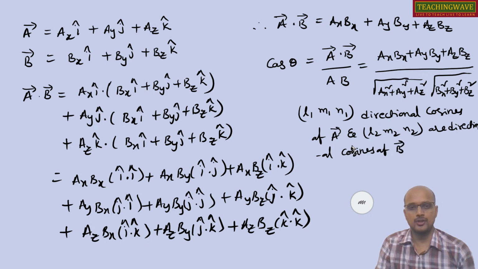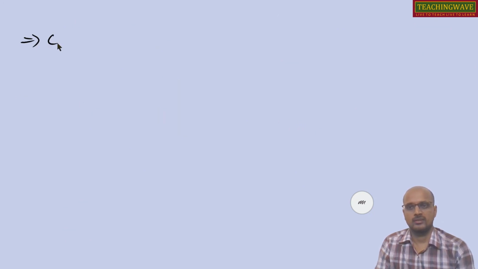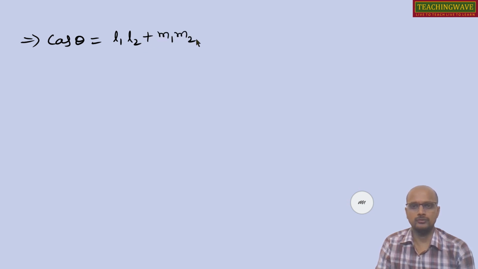In that situation, the cos of the angle between these two vectors can be represented as cos theta is equivalent to l1 l2 plus m1 m2 plus n1 n2.